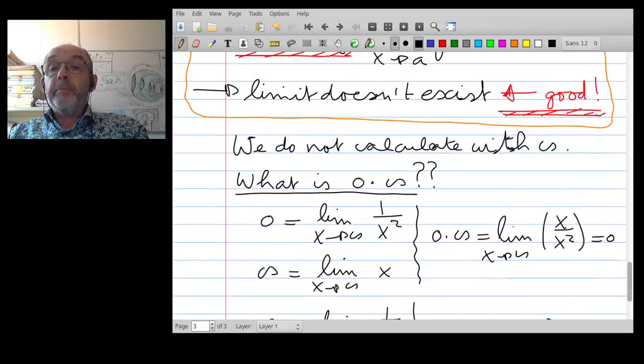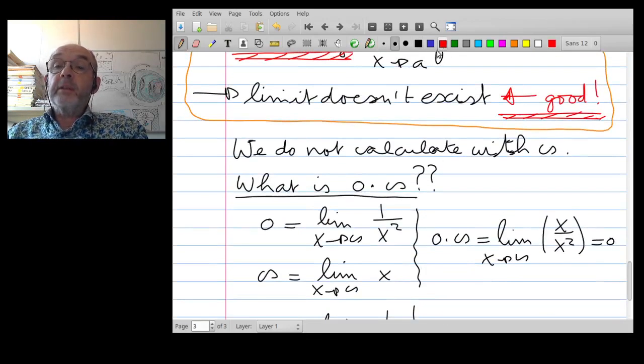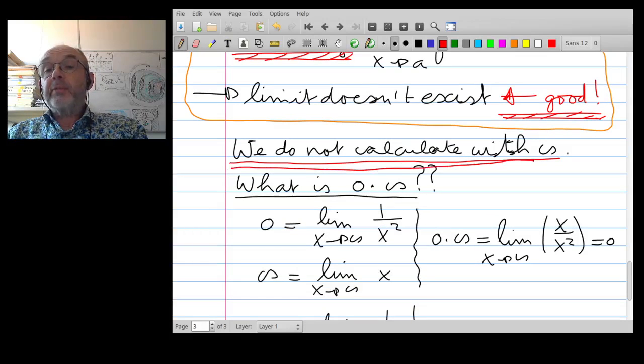So be careful. We don't calculate with infinity. So never say that your limit is infinity or something like that. No, then we say it does not exist. Be careful.